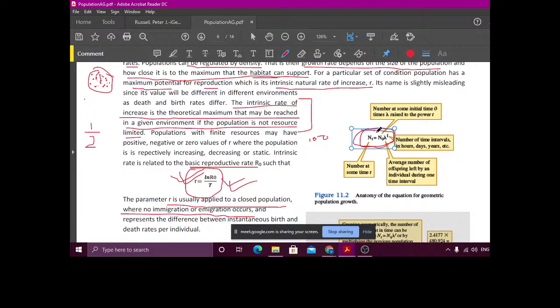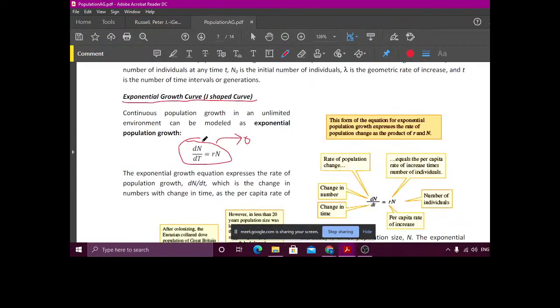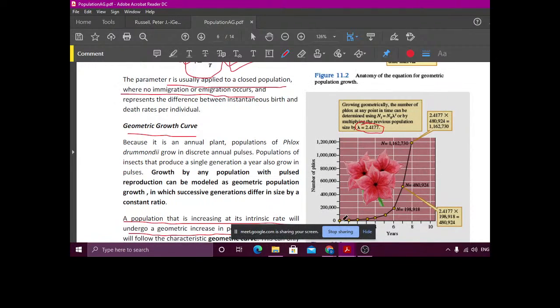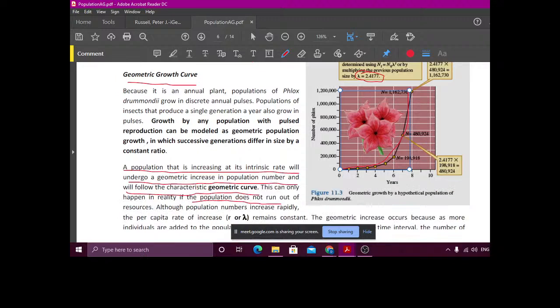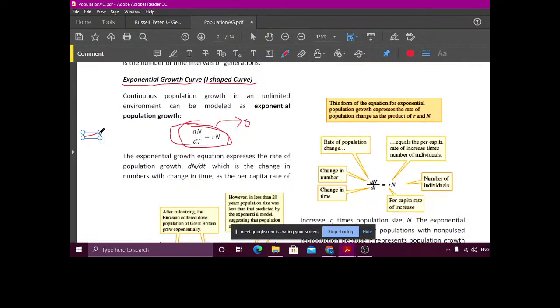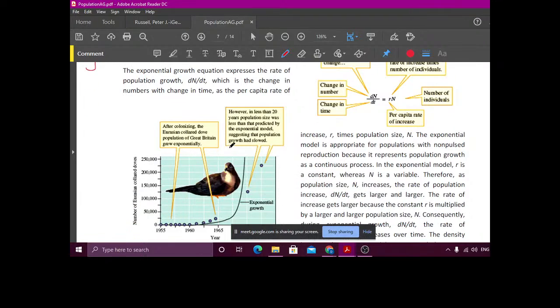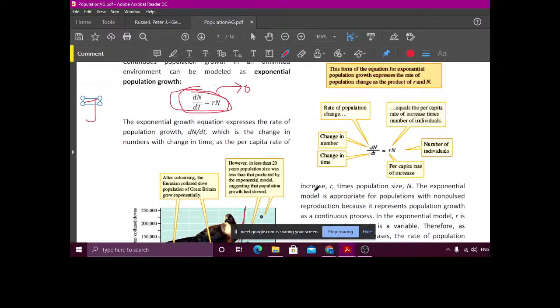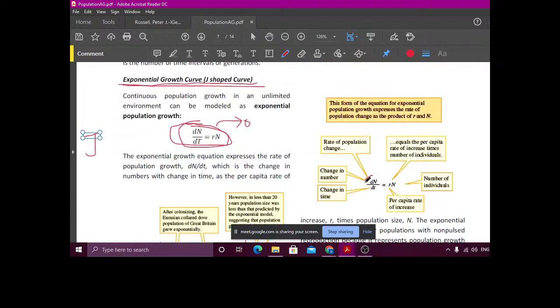Next day I will explain in detail how you can derive this formula by integrating. So this is the geometric growth you are seeing. This is a J-shaped curve which is taking place. So this is the exponential growth curve, and you remember this formula.